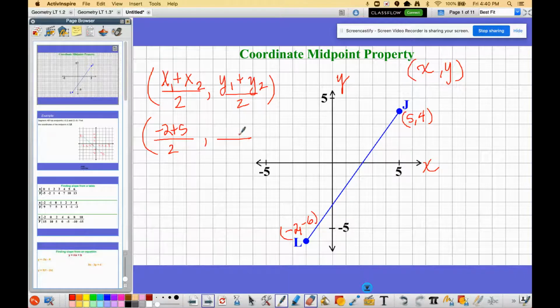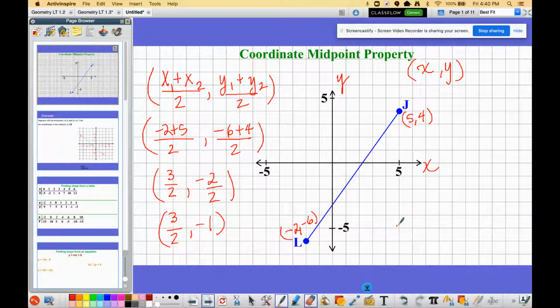Then our y coordinates are -6 and 4. Remember, we're then dividing that by 2. -2 plus 5 is 3 over 2. -6 plus 4 gives us -2, and then we divide it by 2. Let's simplify that, and we get (3/2, -1).